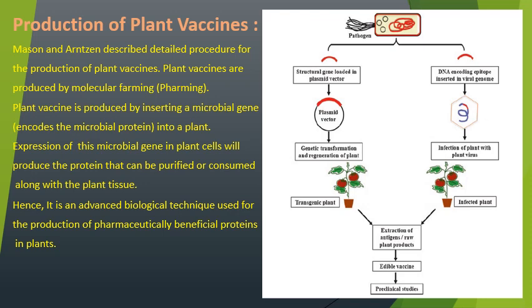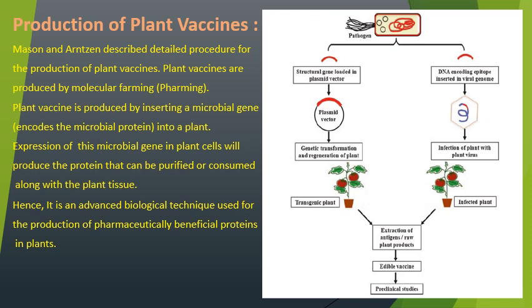In this flow chart, we will see that the important gene of interest can be incorporated within a plant by two means, via plasmid vector or by viral phages. By the plasmid vector, genetic transformation and regeneration in the plant will happen, and these plants will be known as transgenic plants.